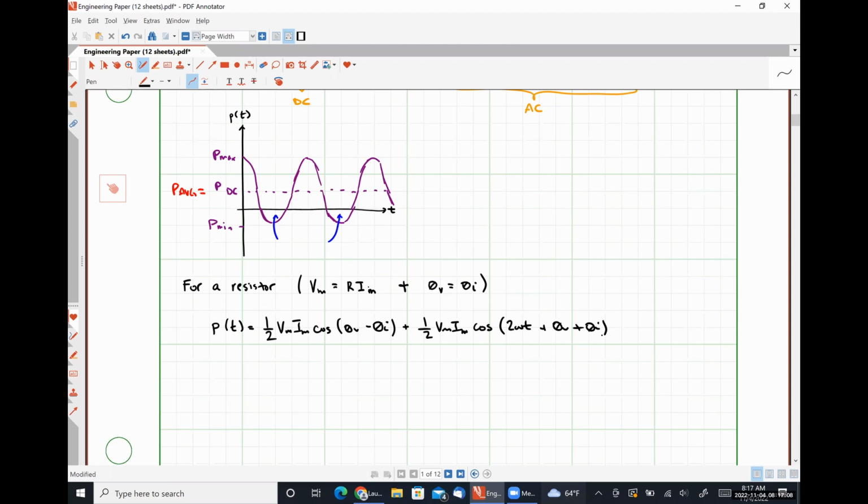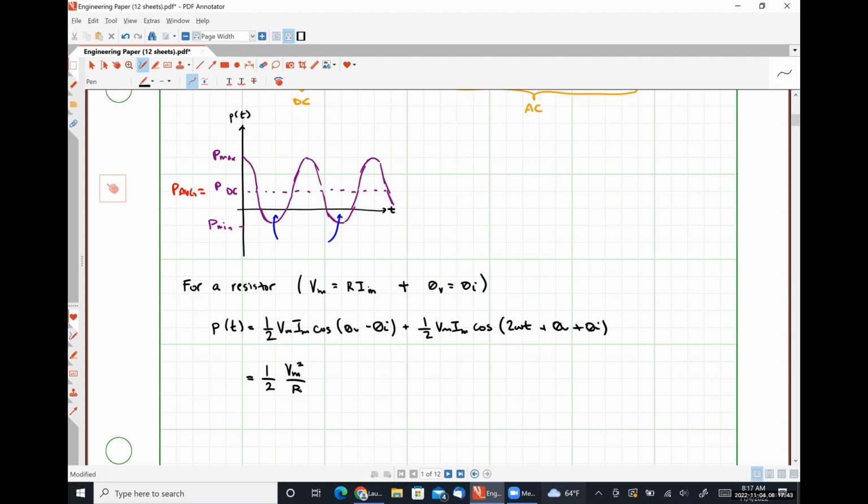So expressed only in terms of voltage quantities, this is going to look like 1/2 Vm squared over R. So I'm simply replacing the quantity Im by Vm divided by R. And then we're going to have cosine theta v minus theta i. So if theta v and theta i are the same thing, we're taking the cosine of 0, which is 1.